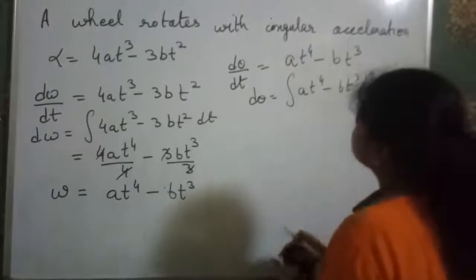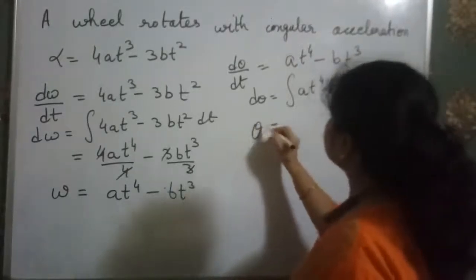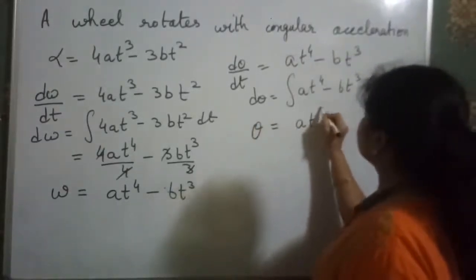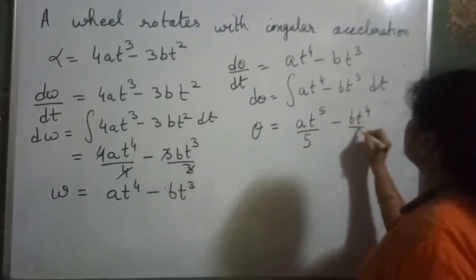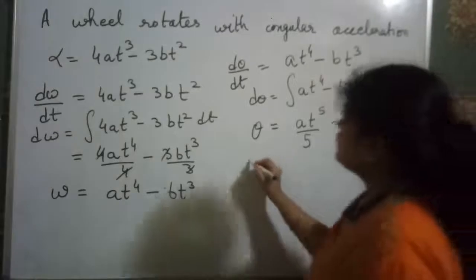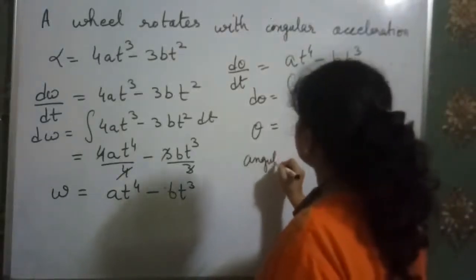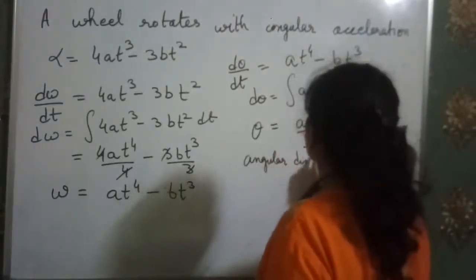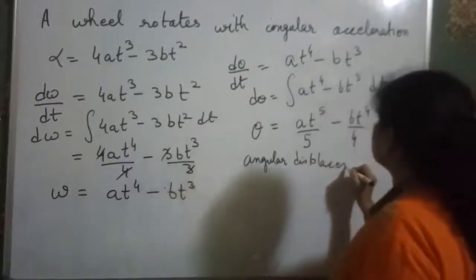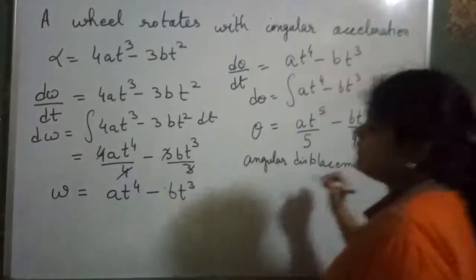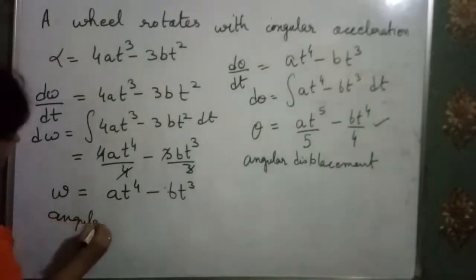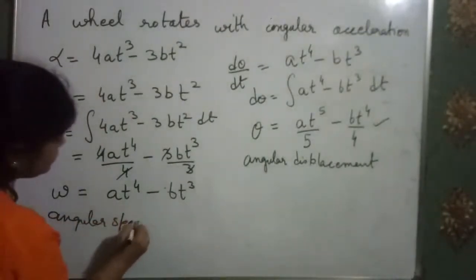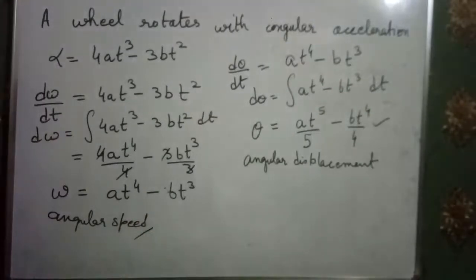When we integrate it, we get theta equal to at to the 5 over 5 minus bt to the 4 over 4. So this is the angular displacement. After putting the value of t, we get the exact value. I think the confusion is clear to you now on these terms.